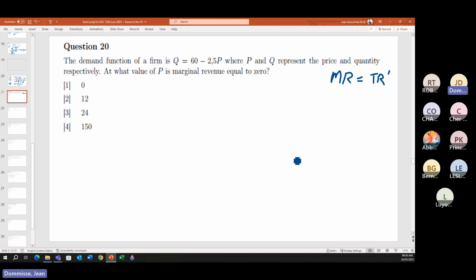So that now tells me, okay, they don't give me marginal revenue, but hey, maybe I can work out total revenue. Okay, and way back in this paper, there was also a question on total revenue. So remember, total revenue is the original formula, price times quantity.